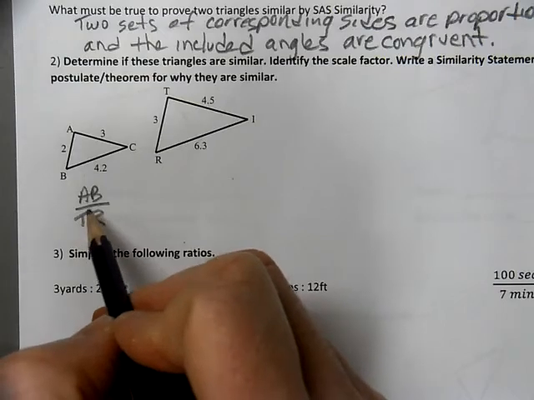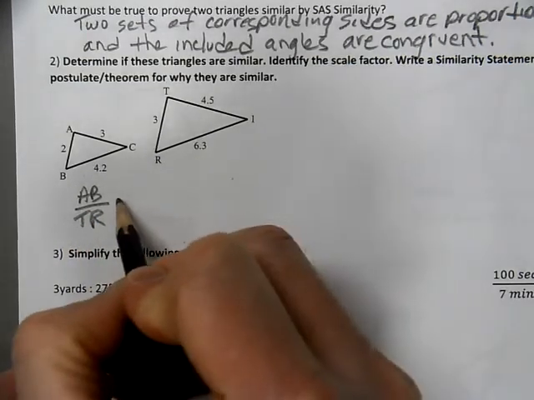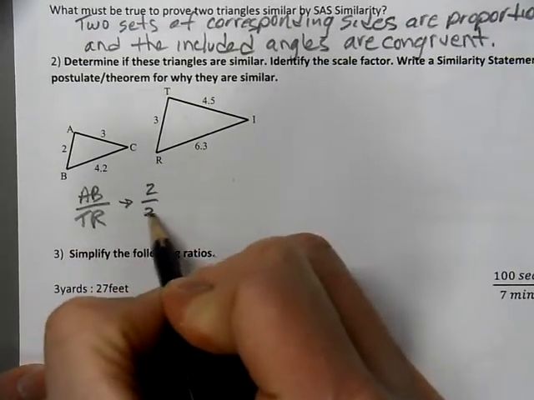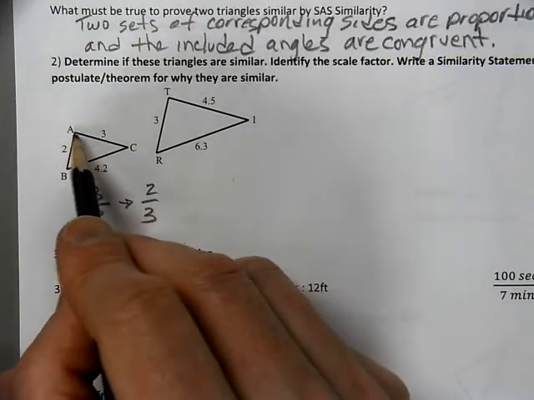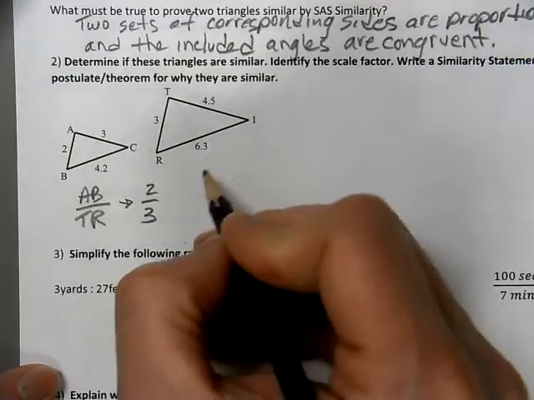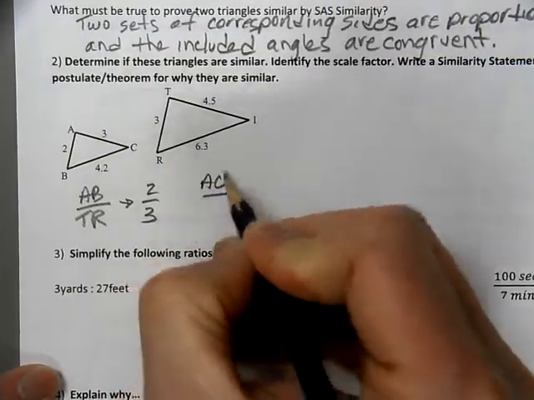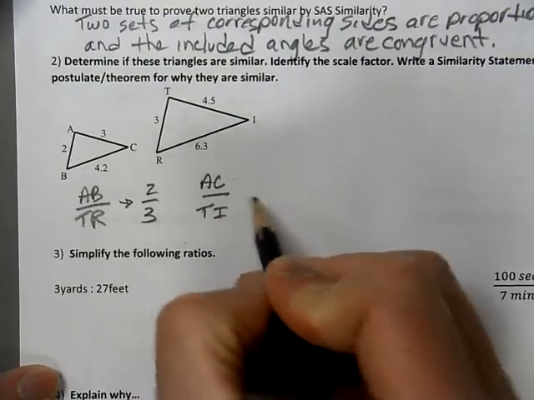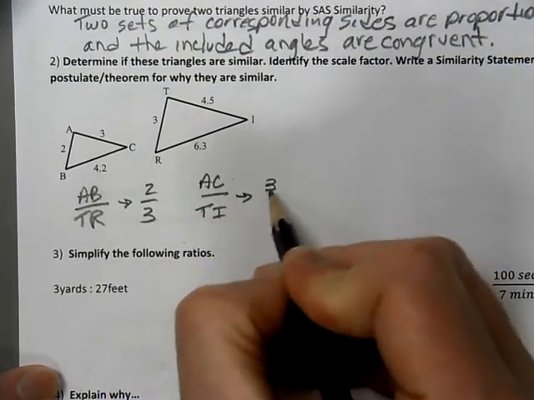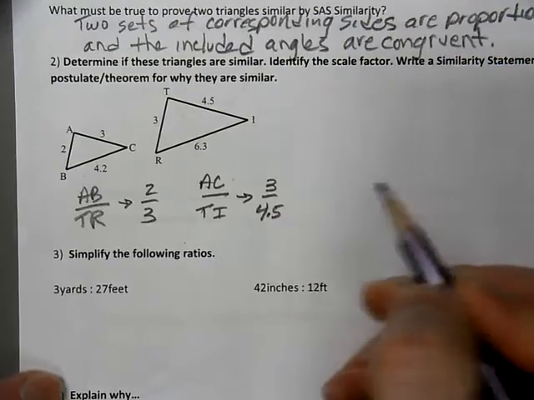So those two have to be corresponding to each other. So that is 2 to 3. And then we're going to compare the medium side with the medium side. And that's going to be 3 to 4.5.